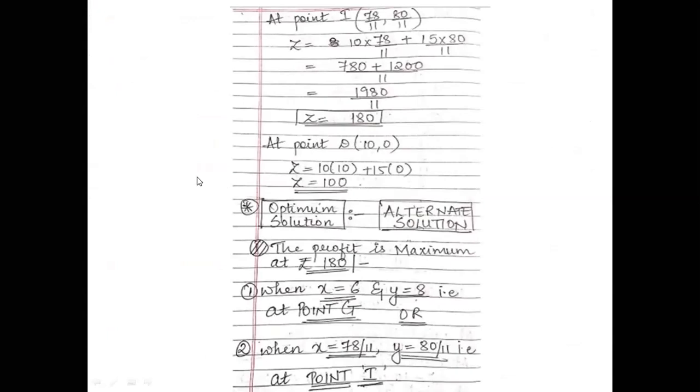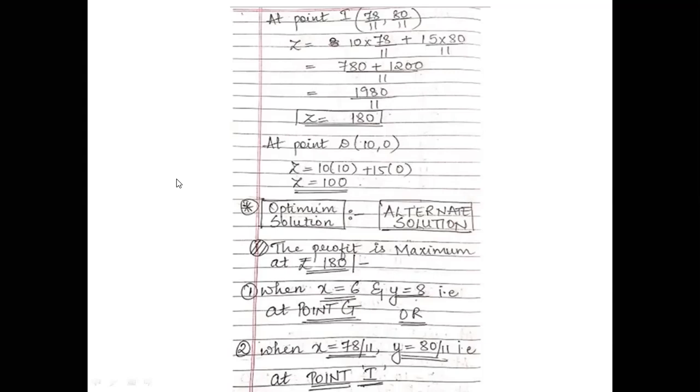Now, as the question was of maximization, class, in this case, you noticed there are two similar answers. At point I, I'm getting the value 180. Similarly, at point G also, I'm getting the same answer, 180.